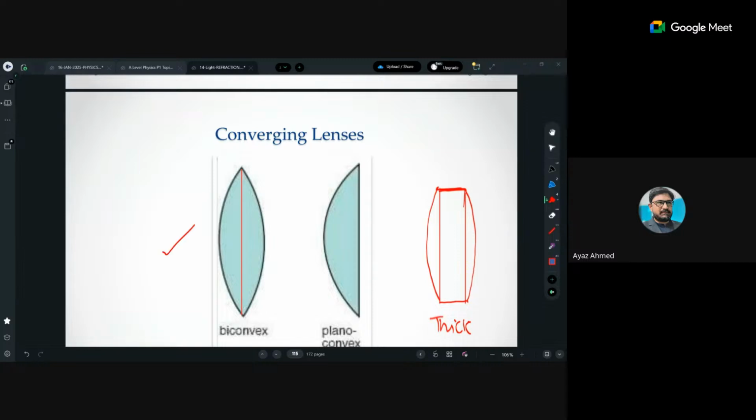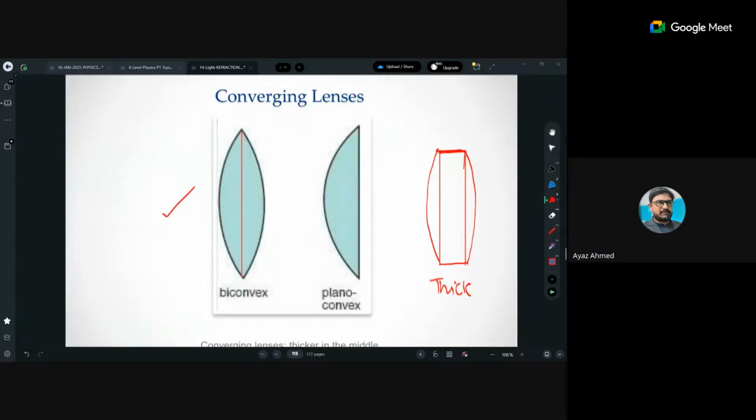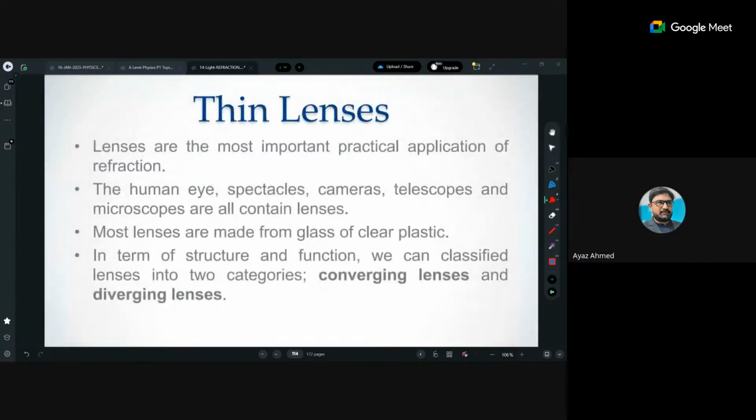In converging lenses, a lens is basically a sort of material which performs the application of refraction, right? There are so many areas where we use it: human eyes, cameras, telescopes, microscopes, so many, right?